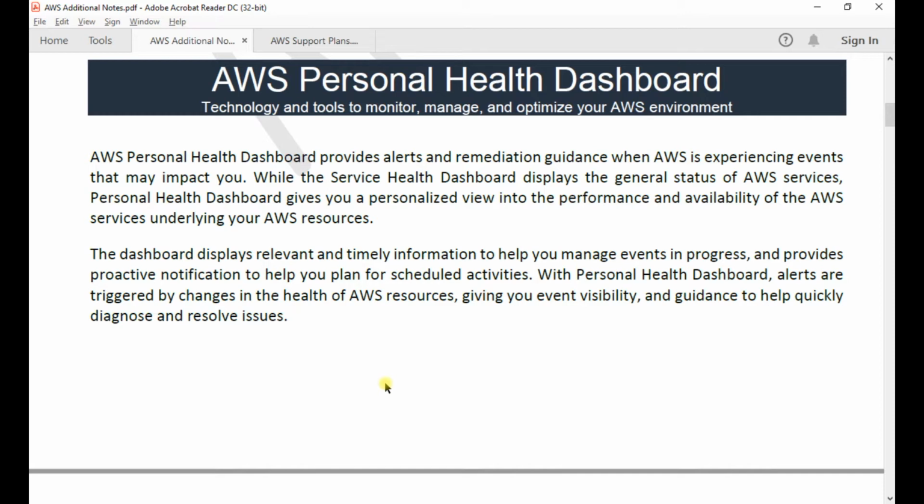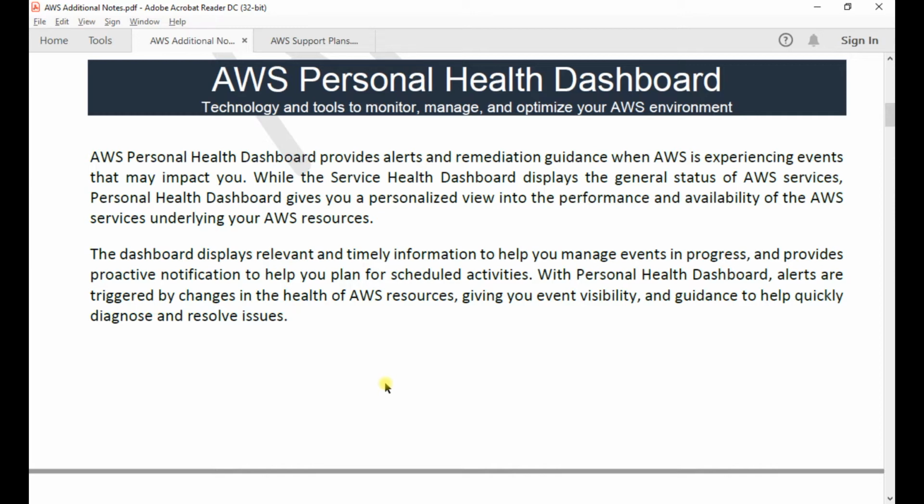Same thing here also. Personal Health Dashboard provides technology and tools to monitor, manage and optimize your environment, for the resources you want to have in it. It provides alerts and remedial guidance when AWS is experiencing events that impact you.